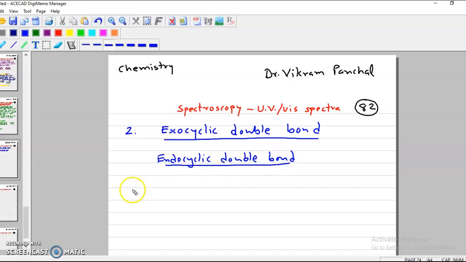If the double bond is a part of a system, and this double bond is present in the ring, here you can see that any double bond requires two carbons.